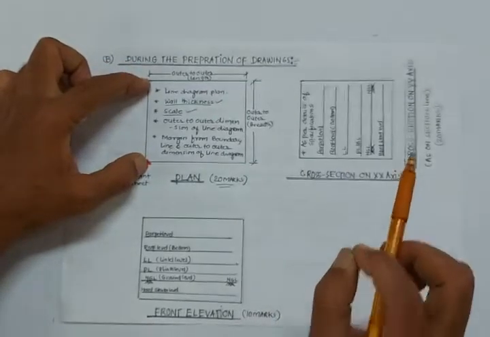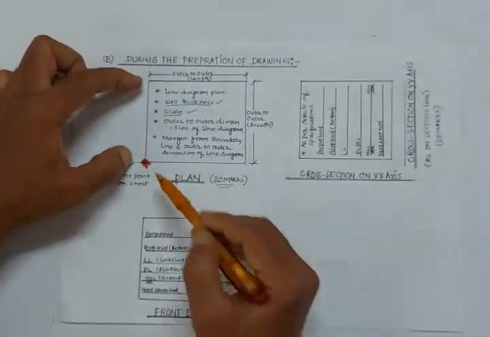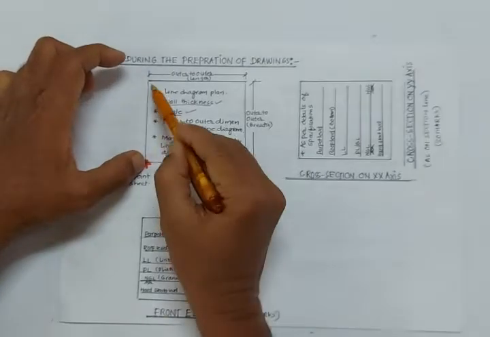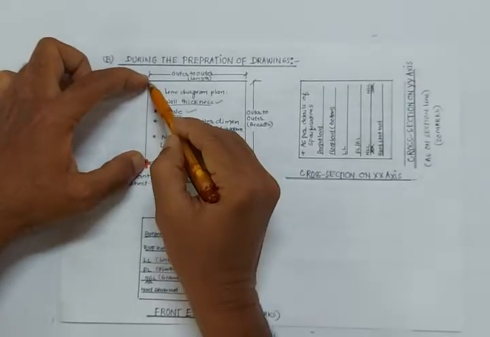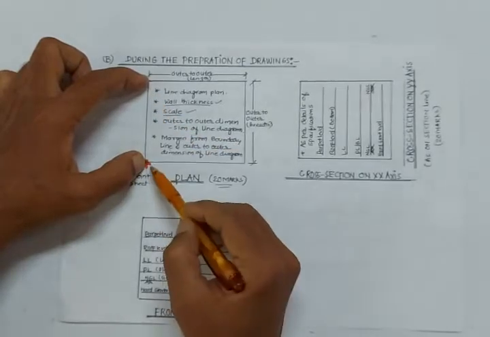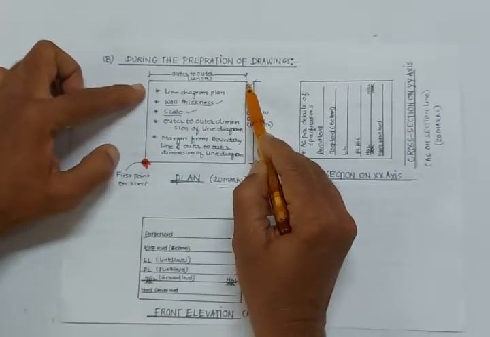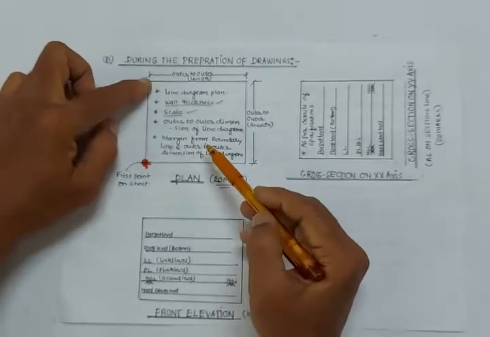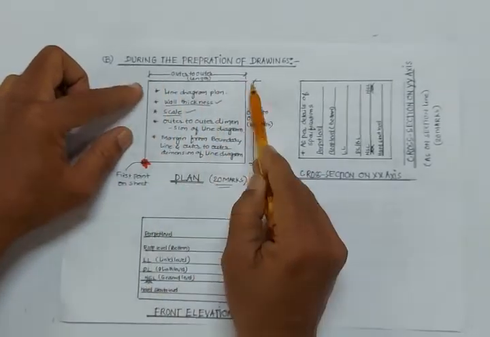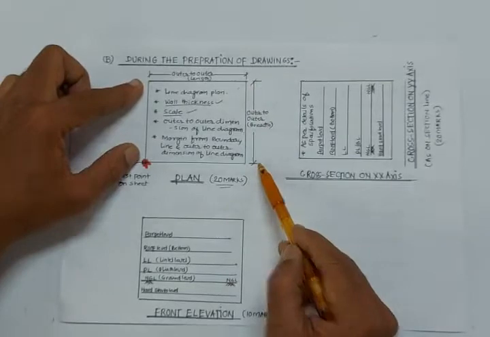For the line diagram given, including the wall thickness, you have to find out from one point to another point, from boundary line to boundary line, how much the total length and how much the total breadth is. Including the wall thickness you have to calculate; that is called the outer to outer length and outer to outer breadth.